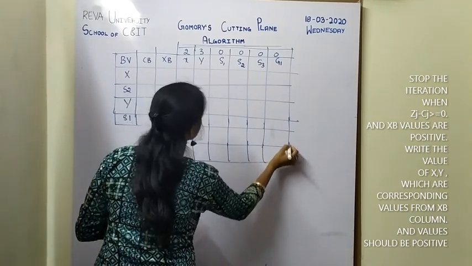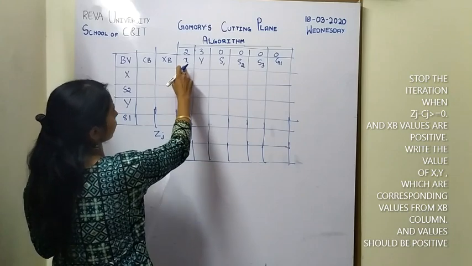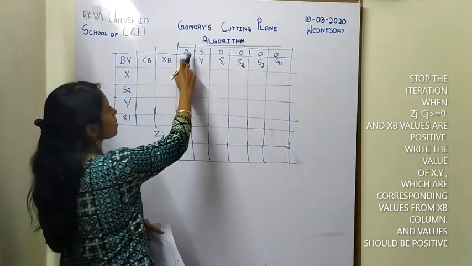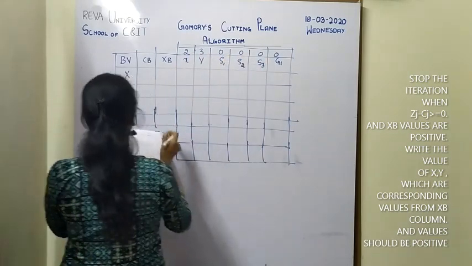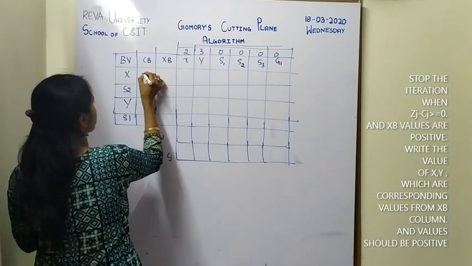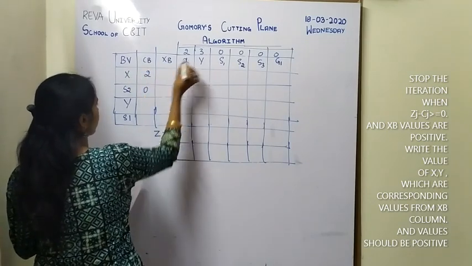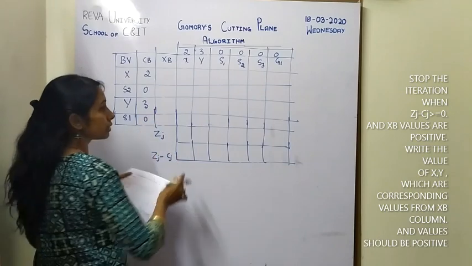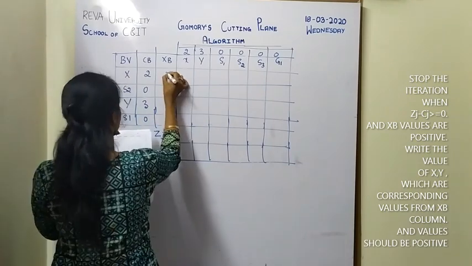Write all the coefficients from the objective function: 2, 3, 0, 0, 0. Now fill this table. The coefficient of x is 2, s2 is 0, y is 3, s1 is 0. Now find out the values here.